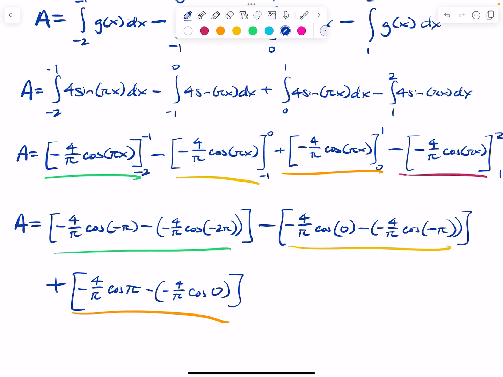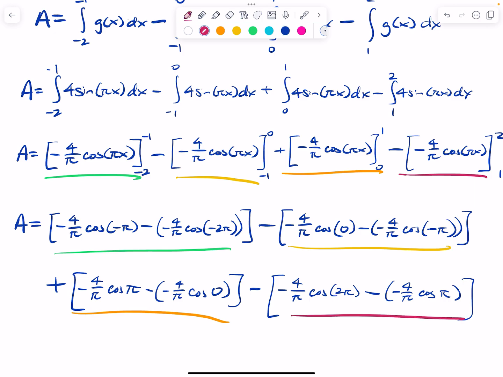And then that reddish one. We're going to subtract negative 4 over pi cos of pi times 2 minus negative 4 over pi cos of pi times 1. And there's that.